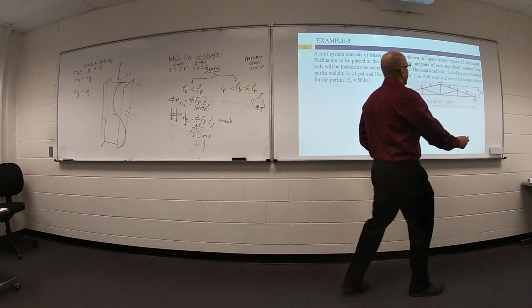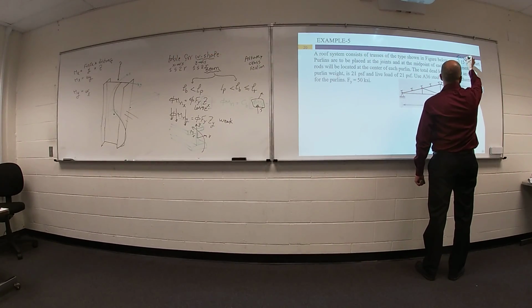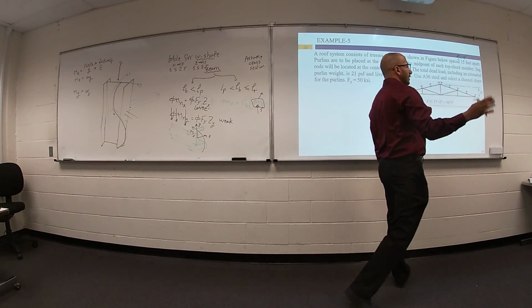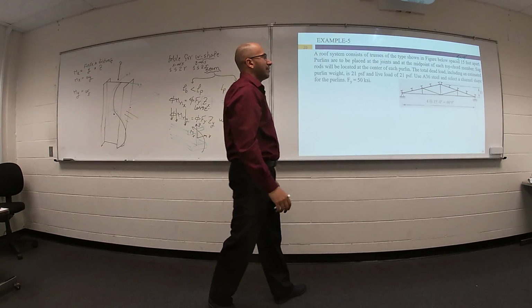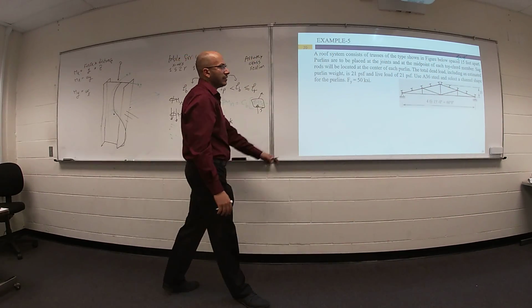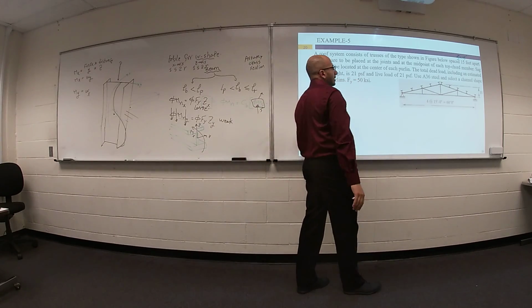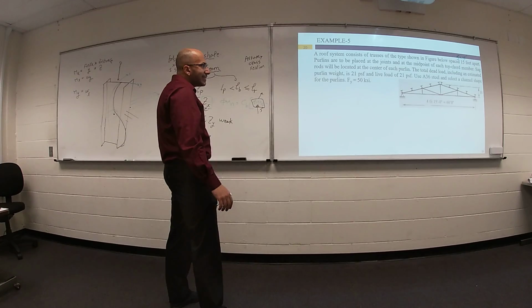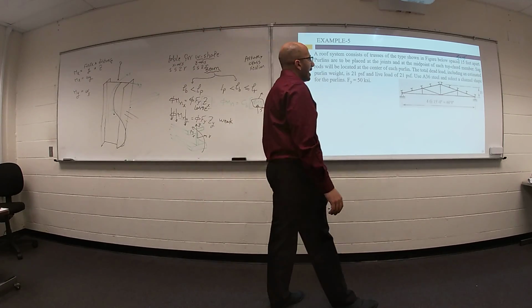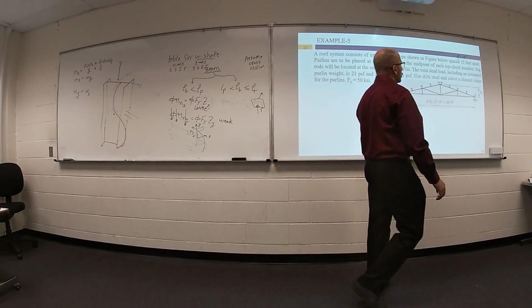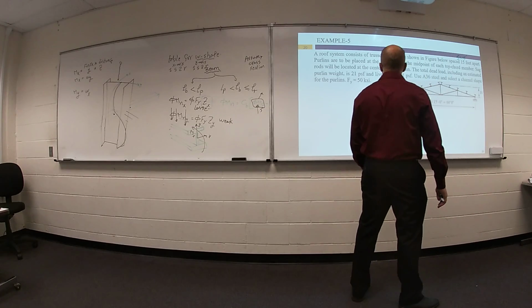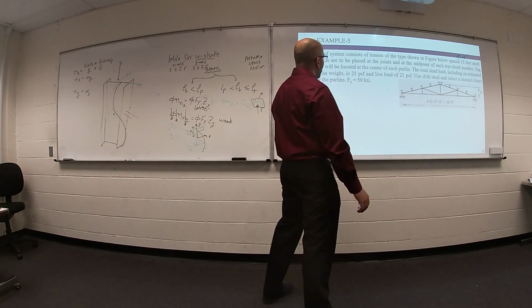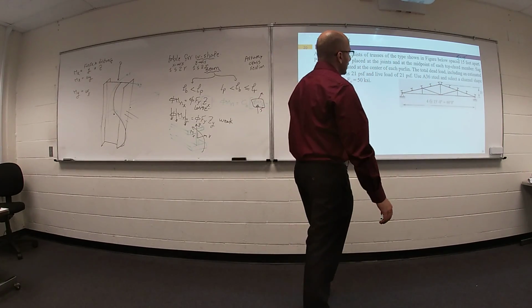Your S equals 15 feet, the distance between main systems, 15 feet. So this truss is repeated at equal distance equal to 15. Purlins are to be placed at the joints and at the midpoint of each top chord member. We have sag rods located at the center of each purlin.